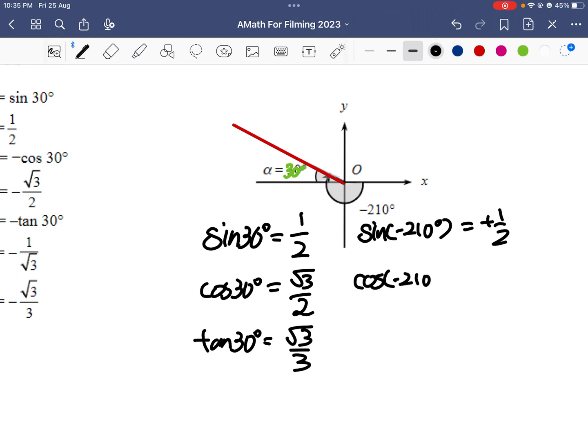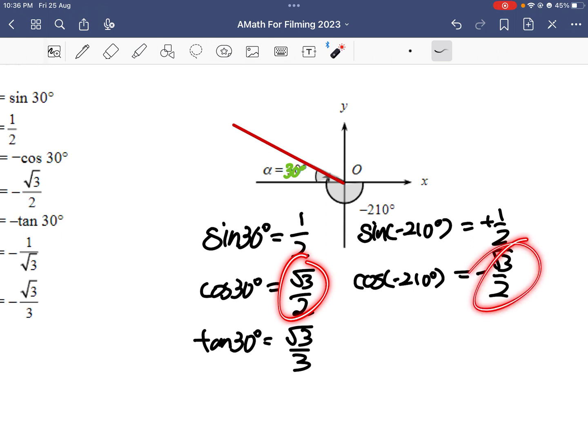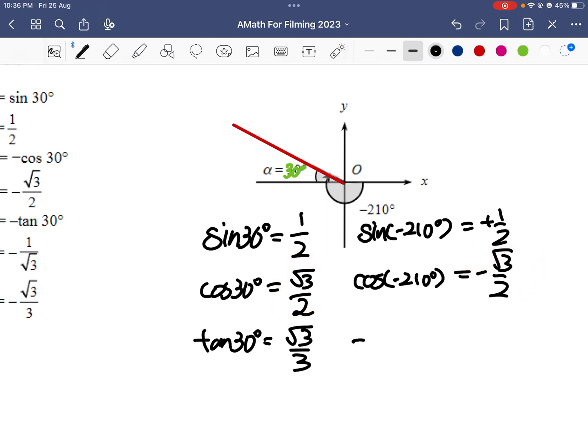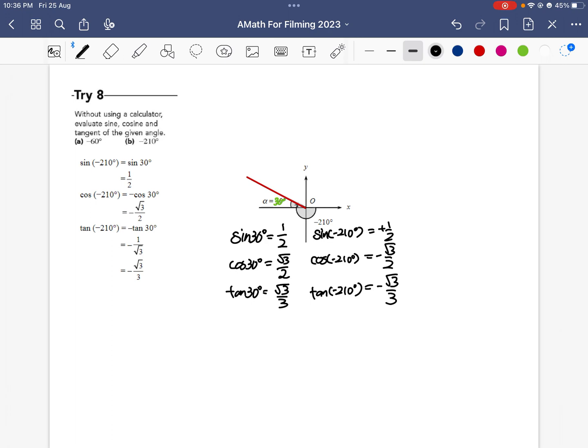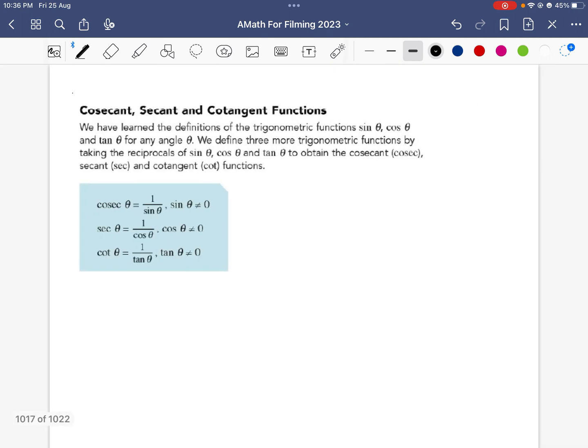Then cosine of negative 210, second quadrant, cosine is negative, so I get negative root 3 over 2, which I use from here. Lastly, tangent of negative 210 degrees, second quadrant, tangent is negative, so I get negative root 3 over 3. So that's it for try 8.